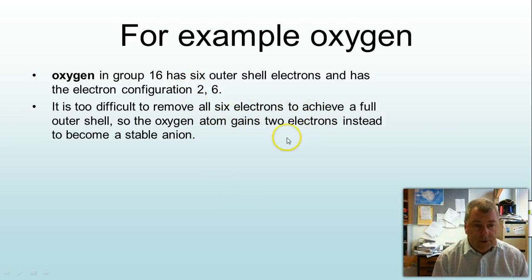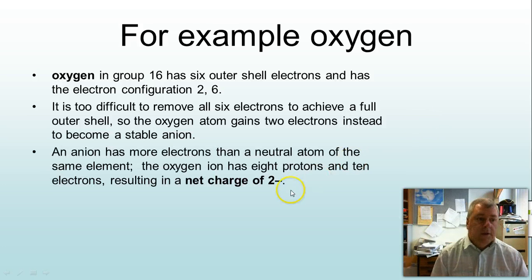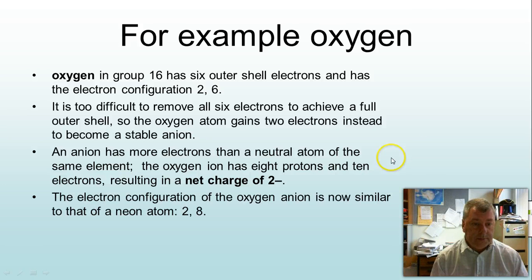It's much easier for it to gain 2 electrons to become a stable anion, and because it does this, it starts off with 8 protons and results in having 10 electrons, it has a charge imbalance of -2. And we'll look at that in a sec with the diagram.